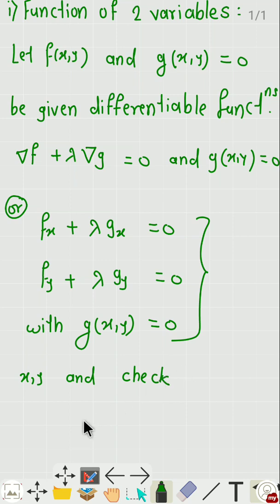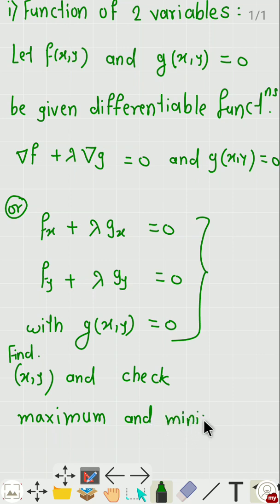Check maximum and minimum value of f. Okay, so this is Lagrange method for function of two variables.